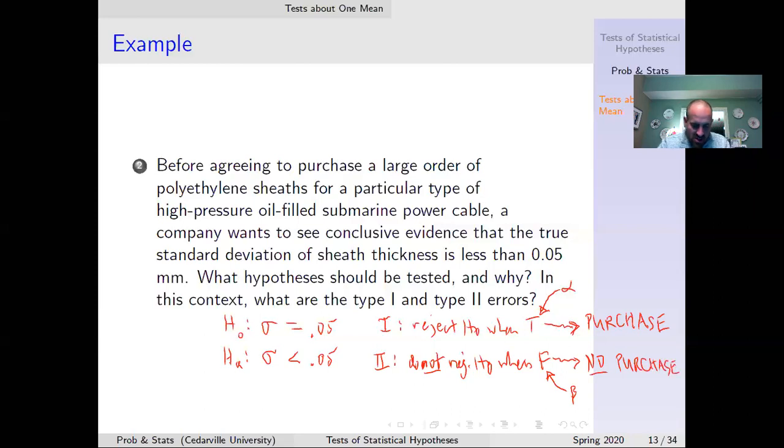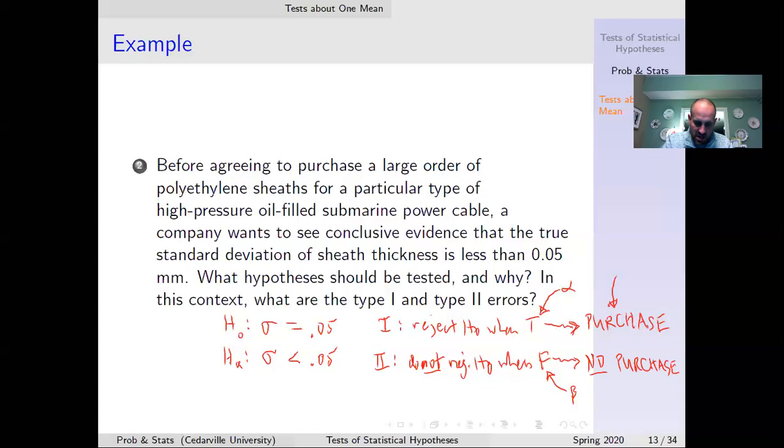Which of these two is more egregious? Making a purchase that was actually a bad idea, or just not making a purchase that could have been a good idea? I hope you think it's clear that making the purchase is far worse.